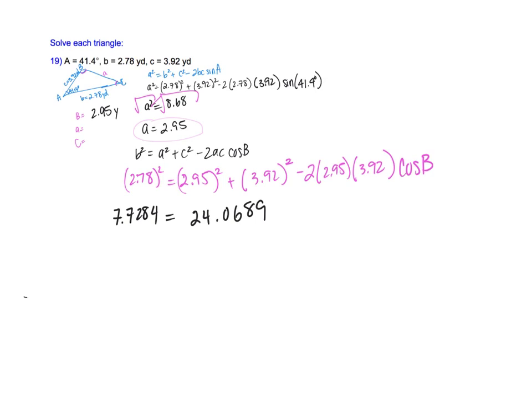And then if I multiply these together, 2 times 2.95 times 3.92, that would give me 23.12 cosine B. So now from here, I'm going to subtract off 24.0689 from both sides.